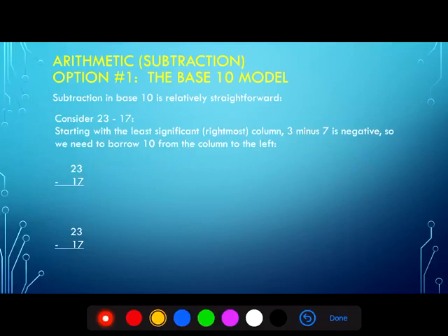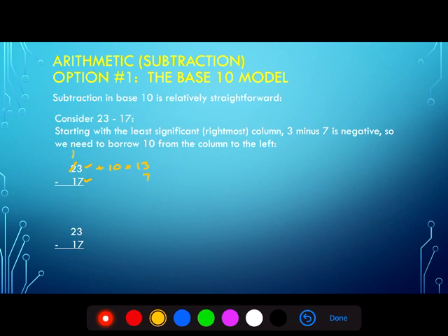When we do subtraction, we subtract our least significant bits first, in this case 3 minus 7. But 3 isn't big enough to take 7 away from it, so we have to borrow from the next column, or the next most significant digit. Here we'll reduce the number 2 to 1, and then we'll add 10 to 3 to get 13.